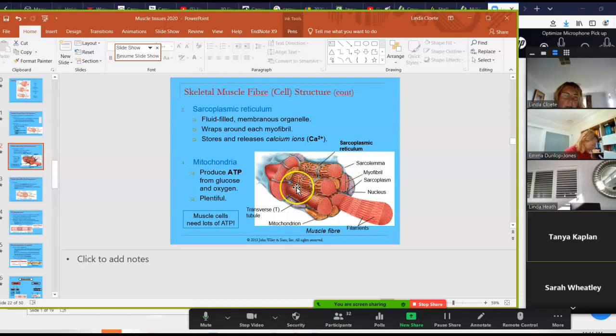Where's the endoplasmic reticulum in a normal animal cell? Around the nucleus. Like the endoplasmic reticulum, particularly the rough endoplasmic reticulum, hangs around the nucleus in a normal animal cell. In the muscle cell, it's wrapped around this other organelle called the myofibril, which is essentially similar to the cytoskeleton.